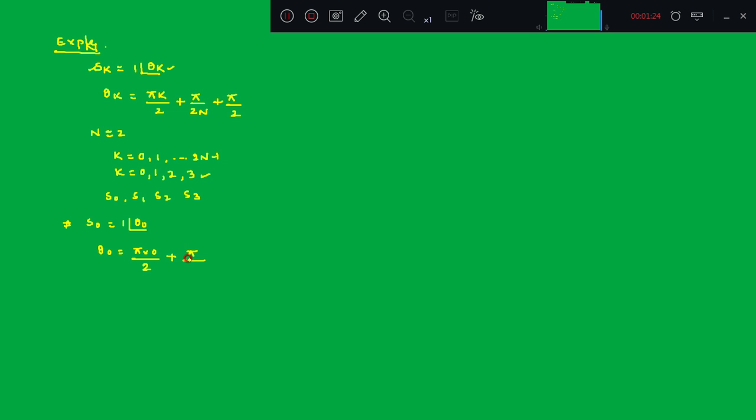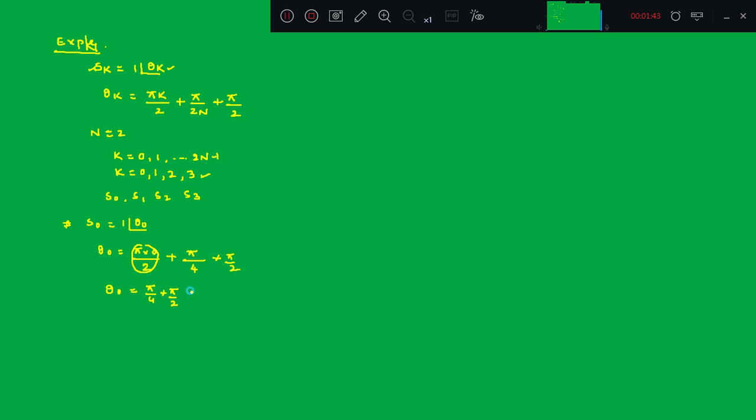N is equal to 2, so 2 into 2 is 4, it will be pi by 4 plus pi by 2. So the first term vanishes, so it is 0.